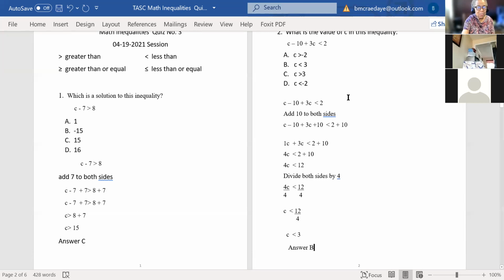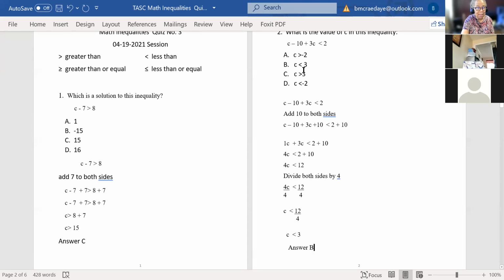Because unless you're dividing or multiplying by a negative number, your inequality will stay the same. You'd have to reverse it if you were dividing or multiplying by a negative number. So you're not using a negative number here, and this started out with less than, then your answer's got to be less than.